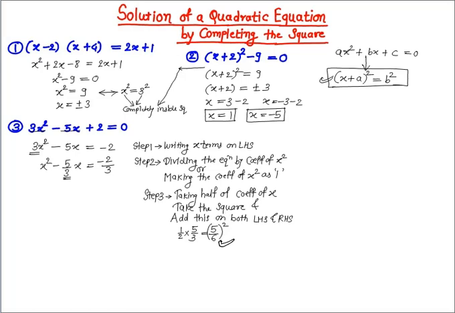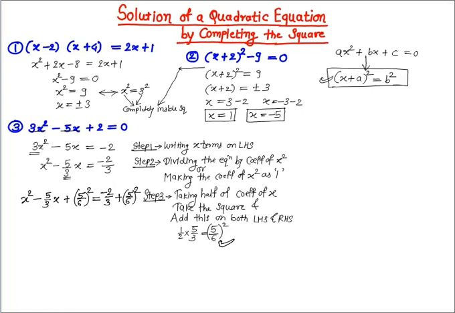We get x square minus 5 by 3x plus (5 by 6) whole square equals to minus 2 by 3 plus (5 by 6) whole square. So we have added (5 by 6) whole square, this term, on both left hand side and right hand side.